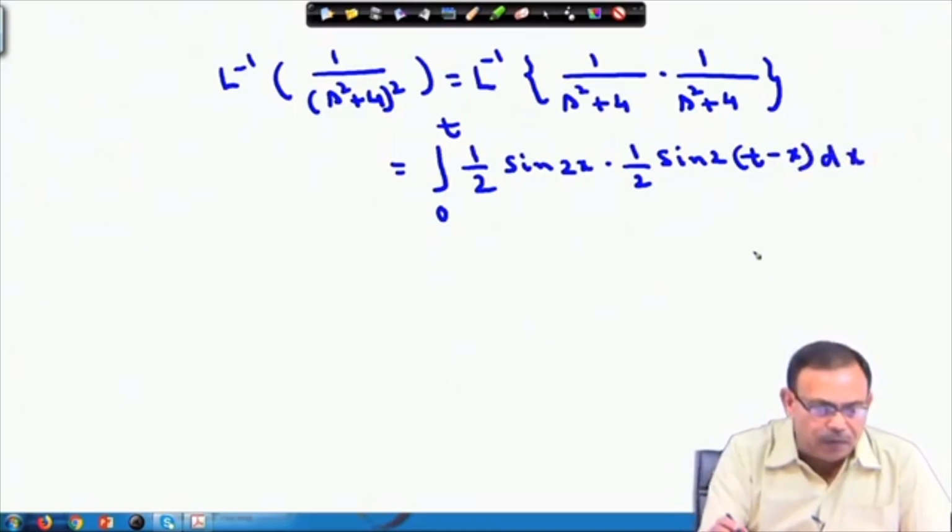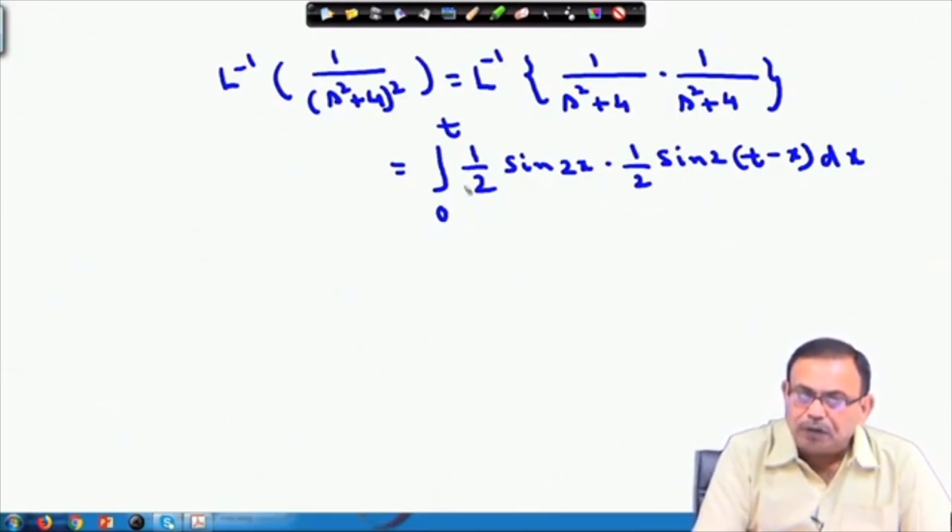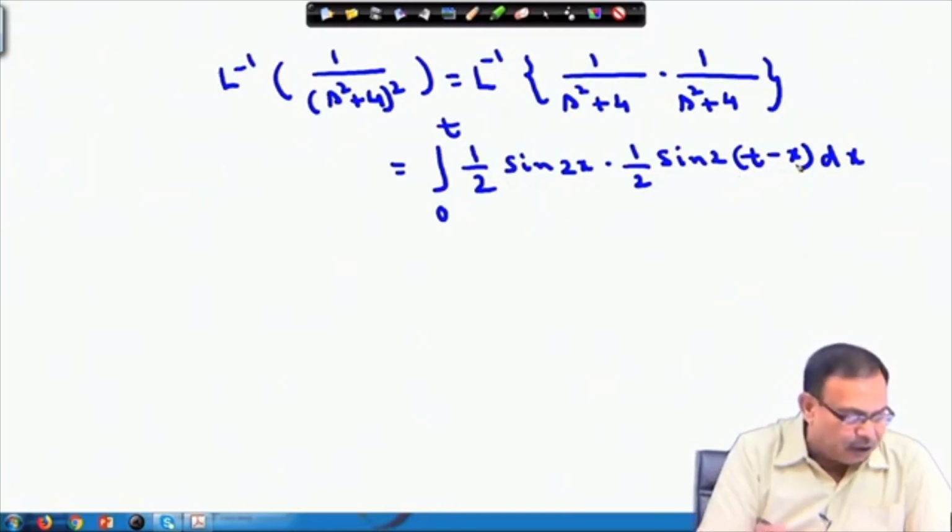And we know Laplace inverse of 1 by s square plus 4 is half sin 2t. So, I am writing this in terms of integrals from 0 to t. This is basically f star g, where f is half sin 2x and g is half sin 2t. So, using the convolution definition, I am writing it as integral 0 to t of half sin 2x into half sin 2 into t minus x dx.